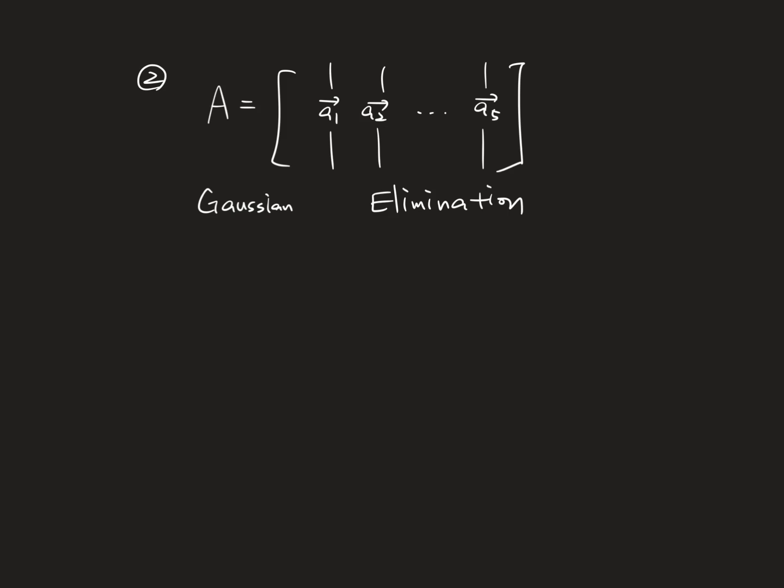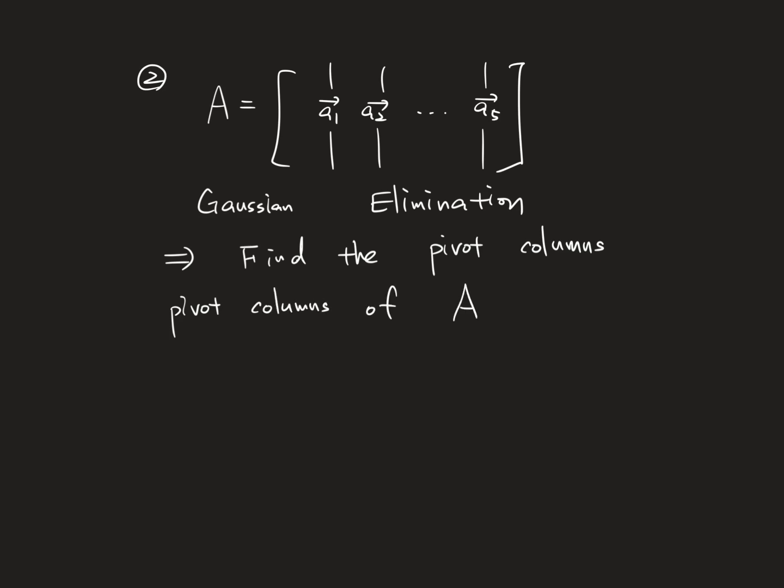But we can still find the pivot columns. The pivot columns of A are basis vectors of the column space.